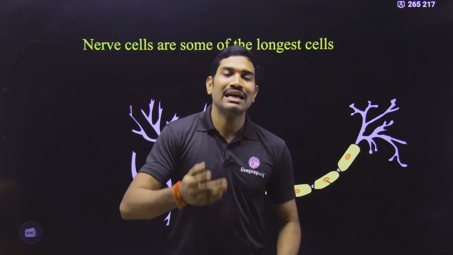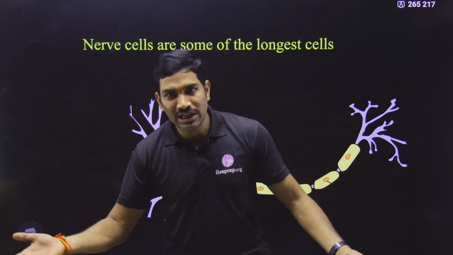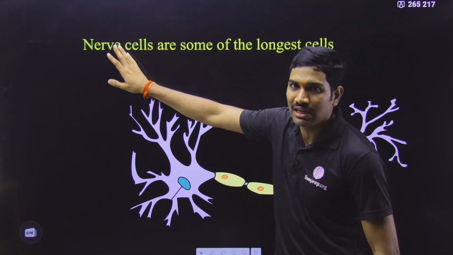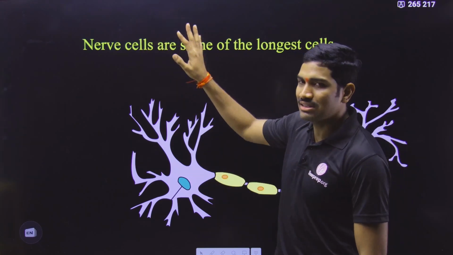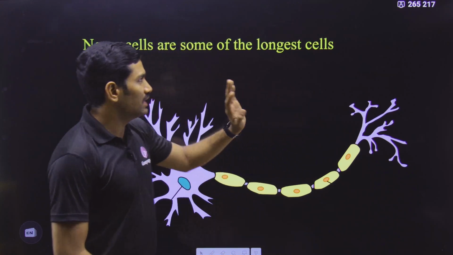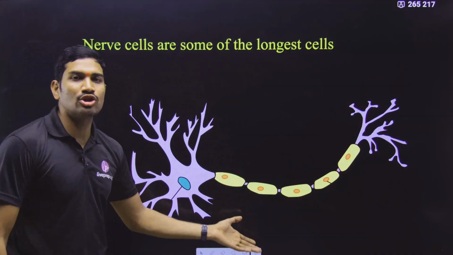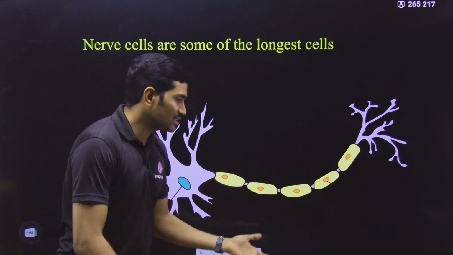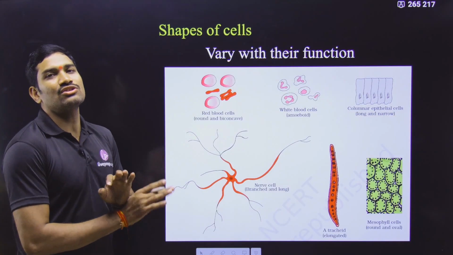So there are different types of long cells, and among those, nerve cells are some of them. That's why they say nerve cells are some of the longest cells. Nerve cells here means neurons.